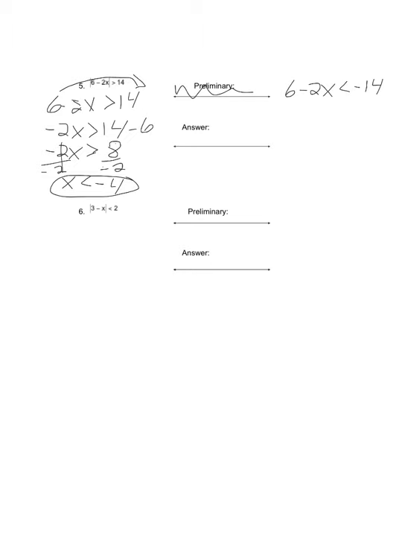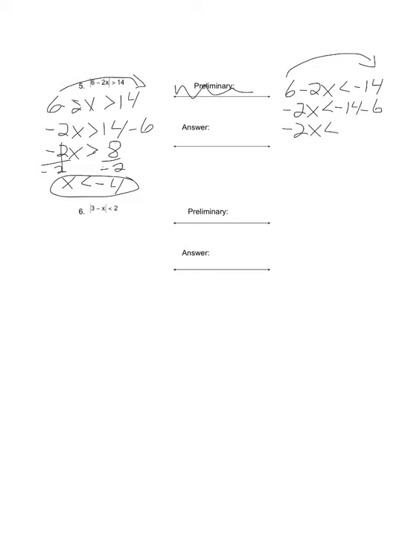Now let's work the other side. Negative 2x is less than negative 14 was already waiting on me. You already told me carry the 6 across. It becomes a negative 6. So we have negative 2x is less than, what's that come out to?